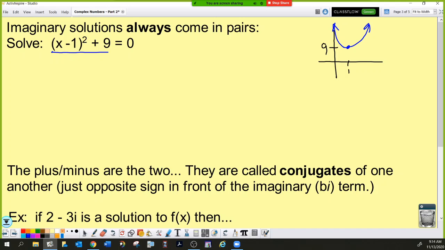But quadratics normally have 2 answers. What that means is this thing has to have 2 imaginary solutions or 2 complex solutions. Guess what? Imaginary solutions always come in pairs. Always, always, always. So let's solve for x, which is an older skill for us. PEMDAS in reverse order, SADMEP. Subtract 9 from both sides.